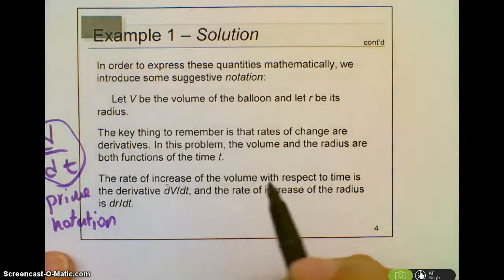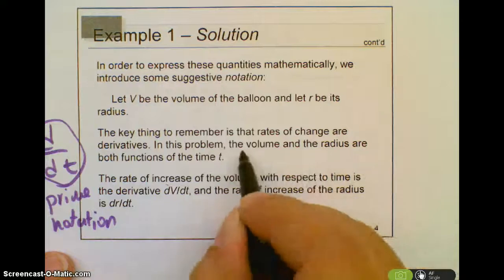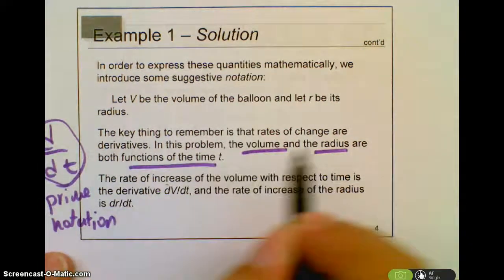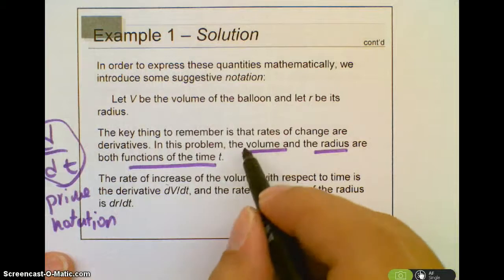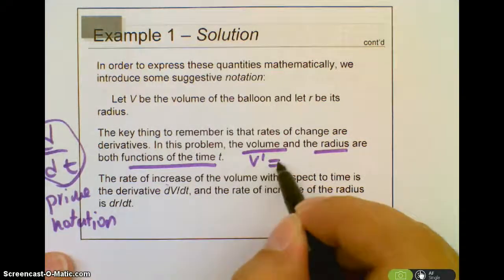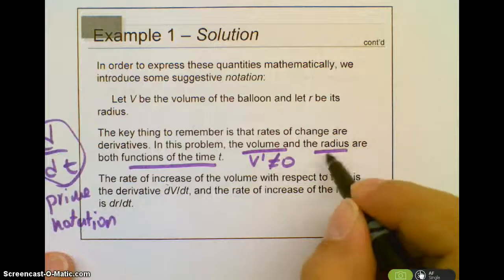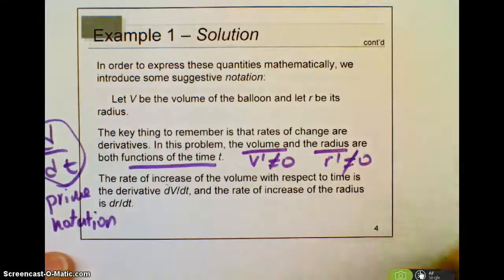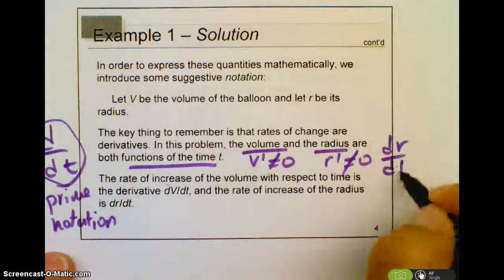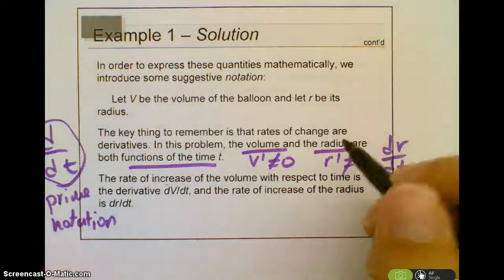The other thing to remember is which dimensions depend on time. If the volume changes over time, then V prime will not be 0, and if the radius changes over time, then the derivative of radius with respect to time, or dr over dt, will not be 0; it would be something. Those are the things you have to keep in mind.